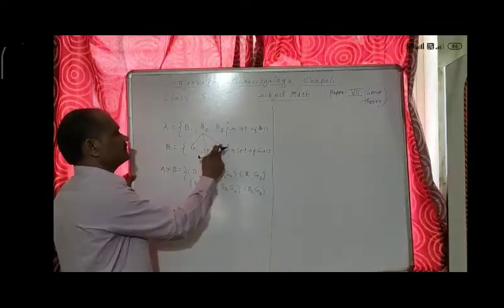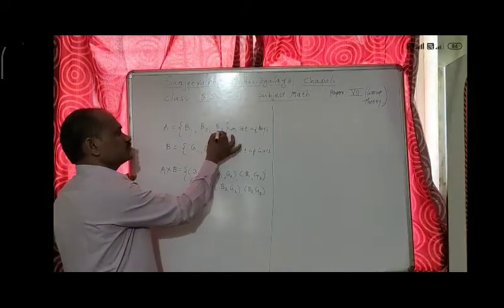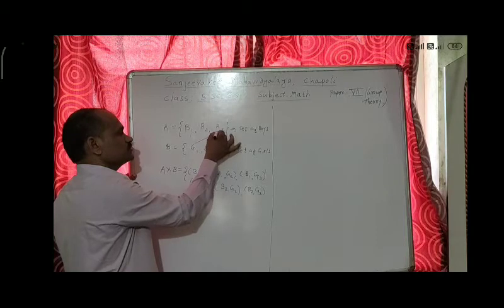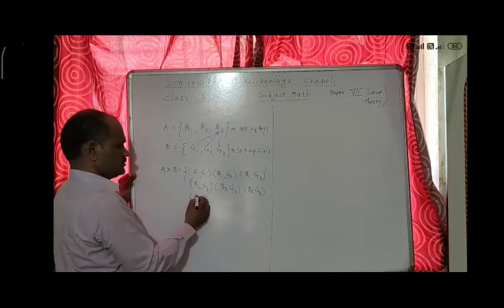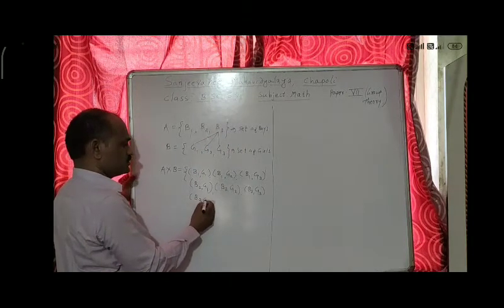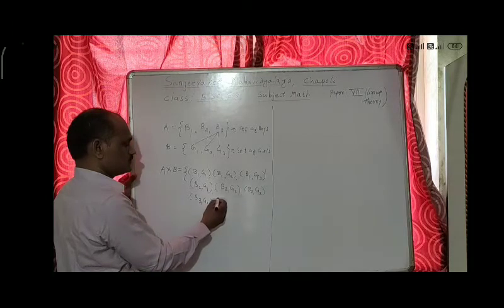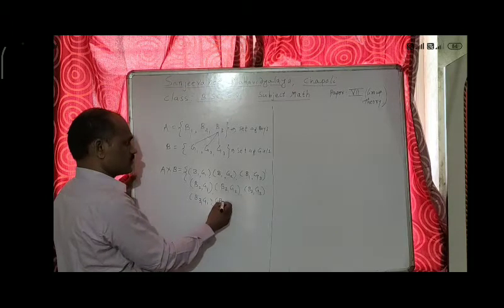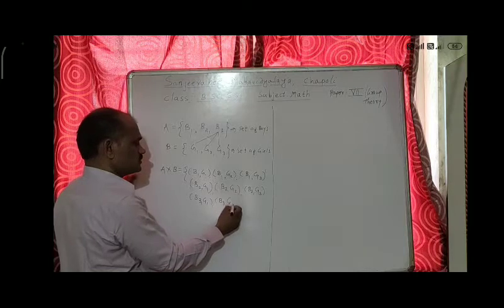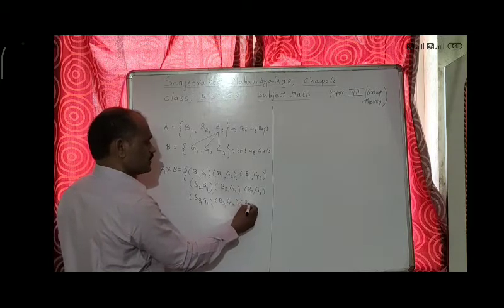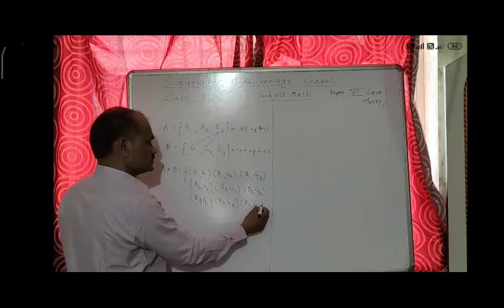Next, we associate B3 to G1, G2, G3. Then B3 G1, B3 G2 and B3 G3.